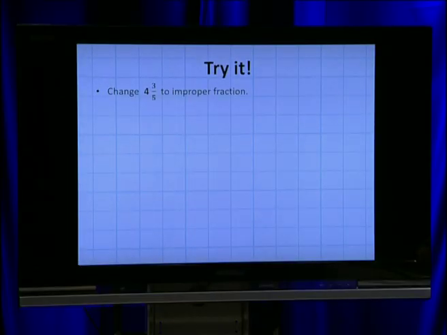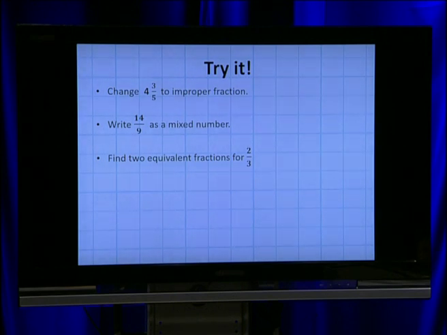Try to change 4 3/5 to an improper fraction. 4 3/5 is a mixed number, right? Try to change 14/9 to a mixed number. Did you note it down? You can also give a try to find 2 equivalent fractions for 2/3.